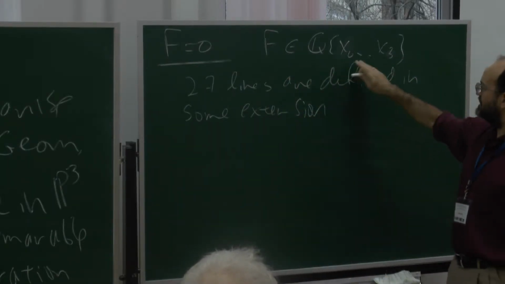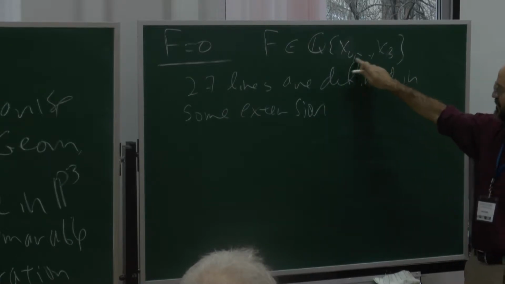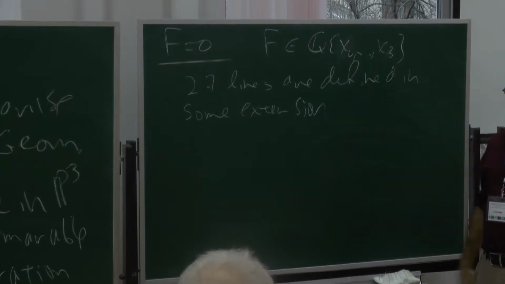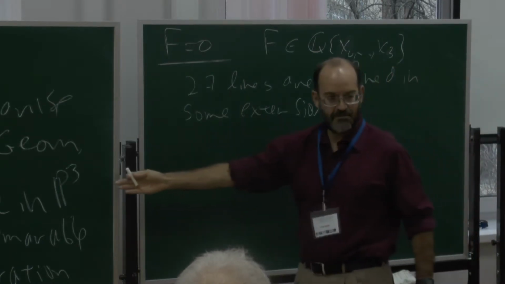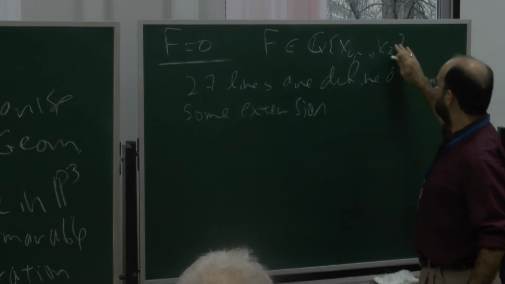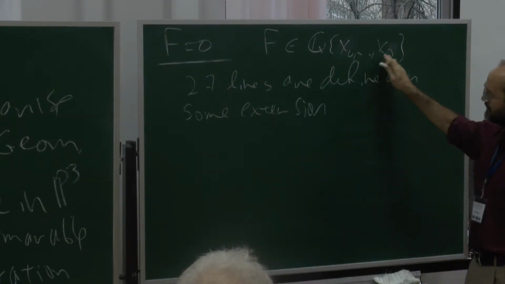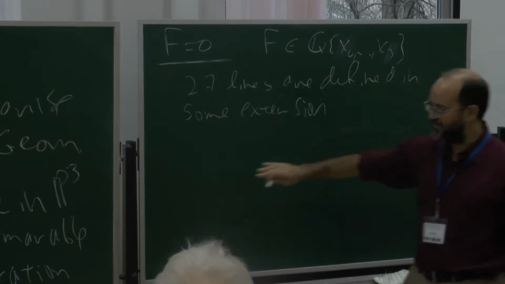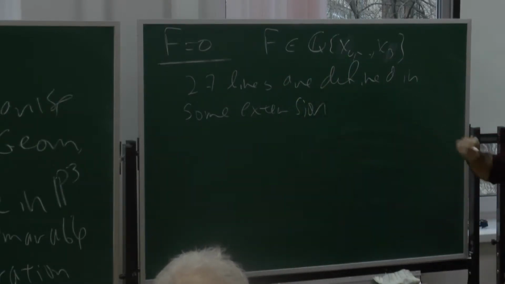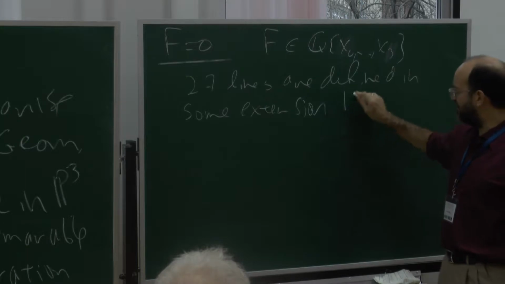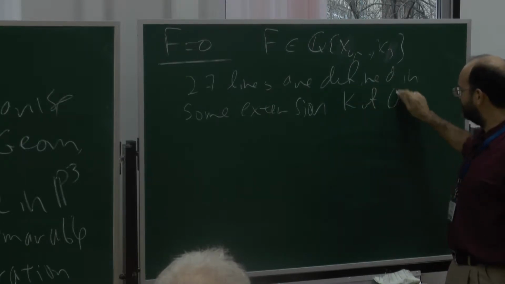It's a homogeneous cubic, so it defines a surface in P3, since there are 4 variables. If it's smooth, there are 27 lines, and they're defined in some extension K of Q.